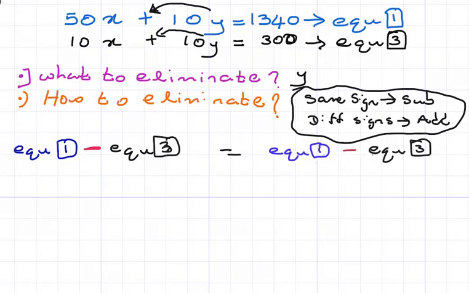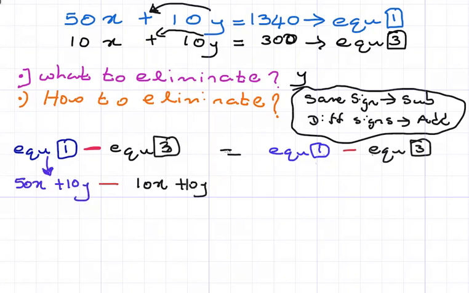That's all right. So what's equation 1? That's the blue equation: 50x plus 10y. You have to subtract, with the subtraction sign, then comes equation 3, the black one: 10x plus 10y.